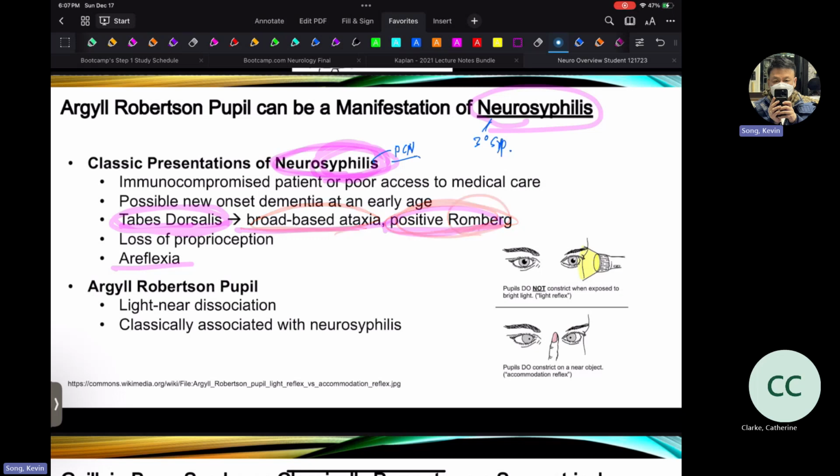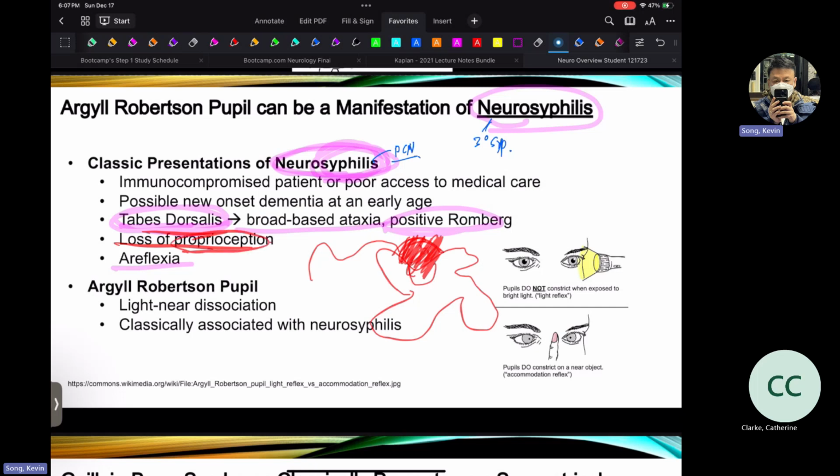Another important thing is that because tabes dorsalis is like this, it will affect the dorsal column, right? That's why it is affecting proprioception. Loss of MBP. When I say MBP, I mean main touch, vibration, proprioception.